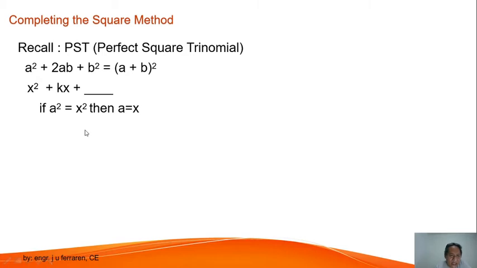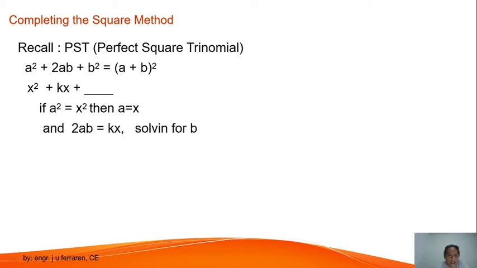Okay, so how to get my b? My b is found in the 2ab term. If my 2ab is equal to kx, are you following? If 2ab is equal to kx, I'll be solving for b.